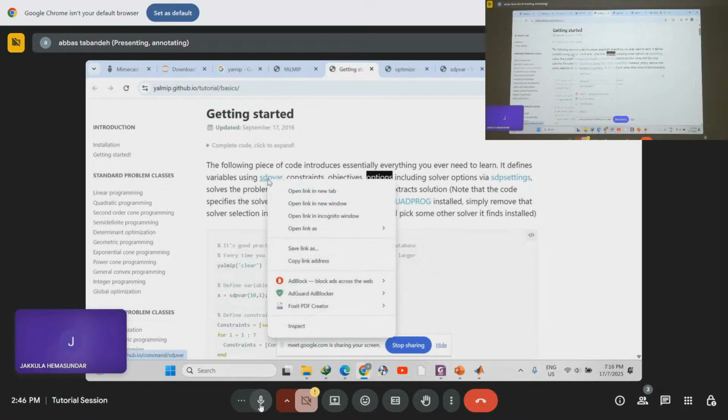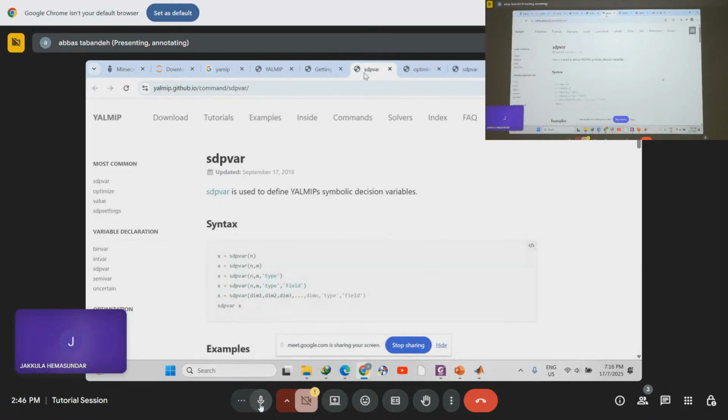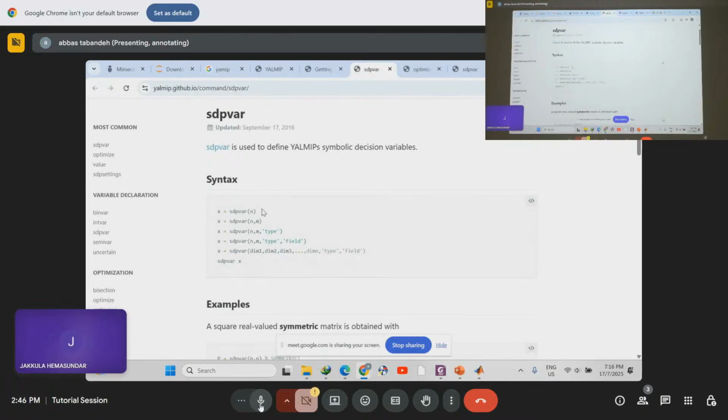If we click on sdpvar, you can see here the method that we can define decision variables in MATLAB. It shows the dimension of the matrix. For example, we have an output of the generation.